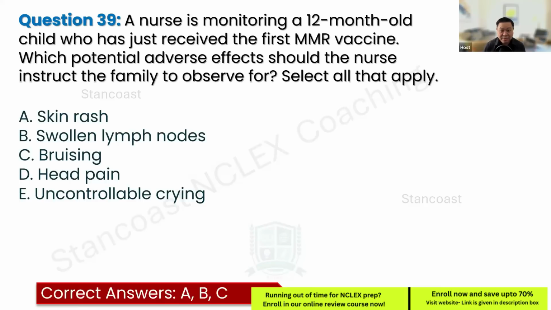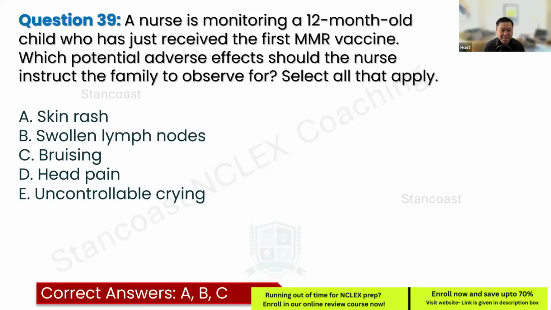A. The skin rash and fever may occur in children 1 to 2 weeks after receiving the MMR vaccine. And for letter B, there's going to be swelling of the lymph nodes, which can appear 1 to 2 weeks after they receive the vaccination. And letter C, a decrease in the platelet count, which can lead to bruising, can occasionally happen after the MMR vaccination.